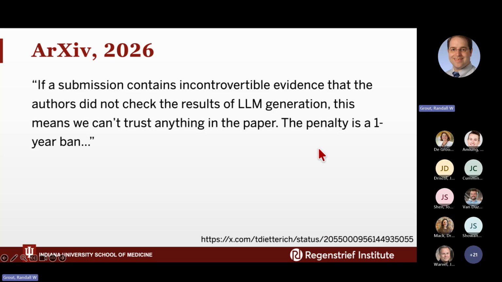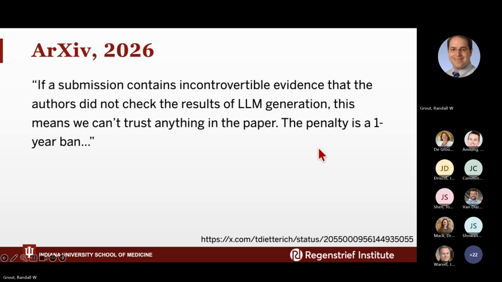This was a clarification from one of their moderators on Twitter, or X, I should say: if a submission contains incontrovertible evidence, and by the way, I love that word. For me, it's a citation to Harry Potter. But if a submission contains incontrovertible evidence that the authors did not check the results of LLM generation, this means we can't trust anything in the paper. The penalty is a 1-year ban.